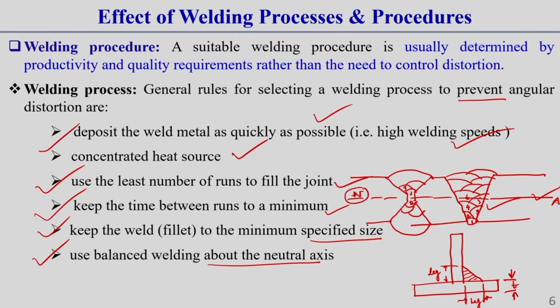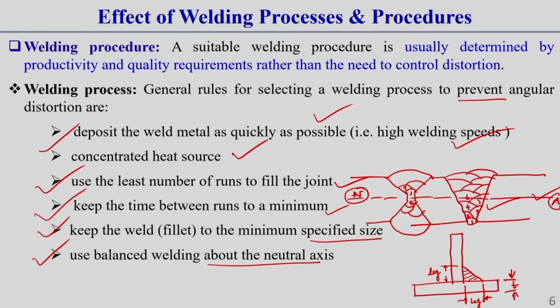Once we do balanced welding about the neutral axis, our deformation will be less, because one side will affect the other side. That is what I have already shown in the earlier slide, where I showed how the shrinkage force comes about the neutral axis. On the top side an anti-clockwise force is coming, and on the bottom side a clockwise shrinkage effect is coming, correct.